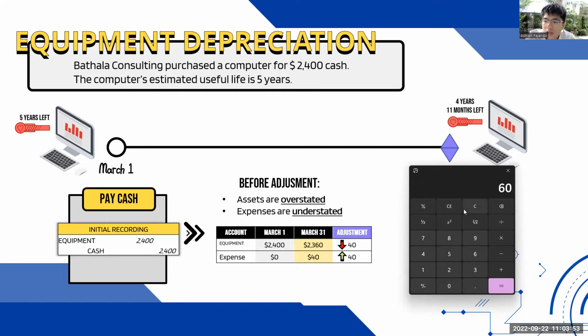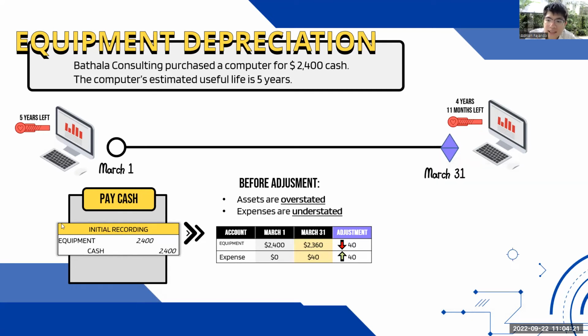And therefore, we know that 60 months is in 5 years. So 2,400, the value of the computer, divide mo by 60, meaning every month, 40 pesos yung na-depreciate sa kanya or na-expense. So therefore, 40 expense mo, and therefore, yung true value mo is 2,400 minus the 40 na expense for 1 month. 2,360 na lang yung true value ni equipment.